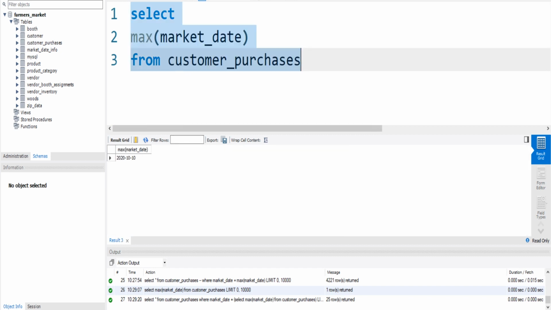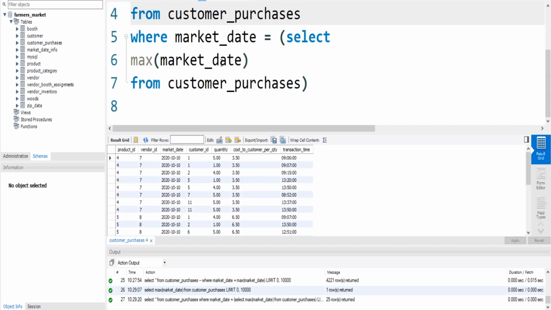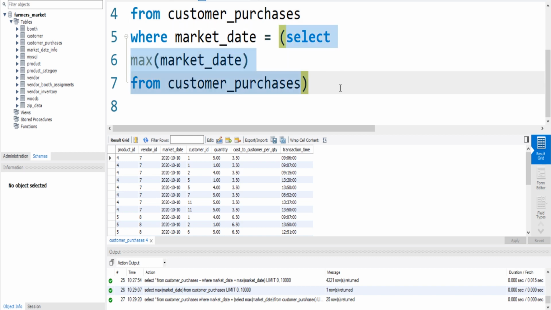The hint is right here, and it's going to be more than one subquery. I'm going to have to remember, it may be 2 or 3. But this is your same style right here.